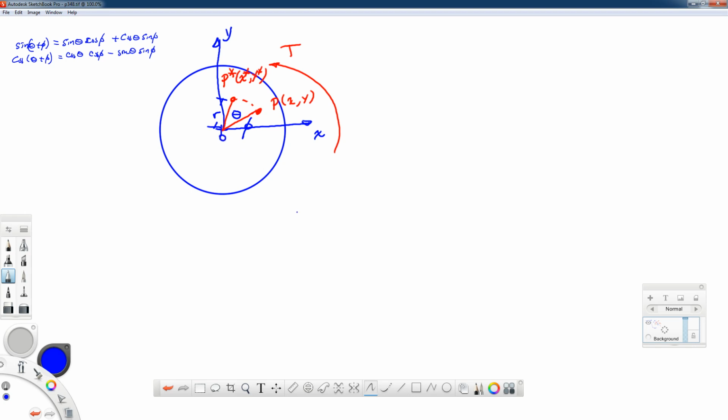We'll call that the origin O. If we look at the small triangle with the phi angle in it, then this distance would be r sine phi, and this one would be r cosine phi. That would be our y, and that would be our x position.